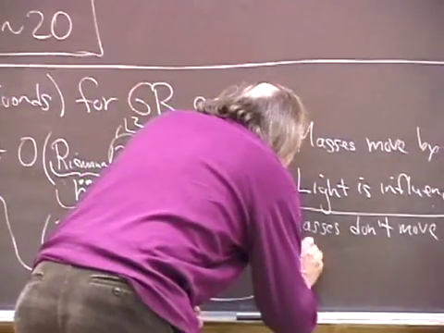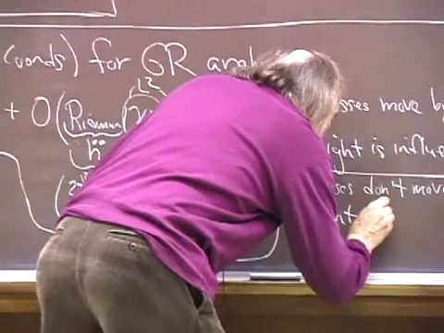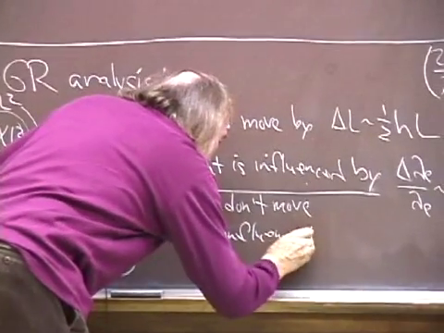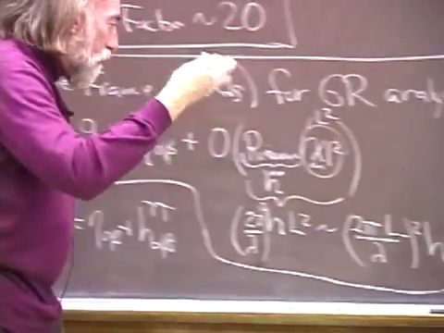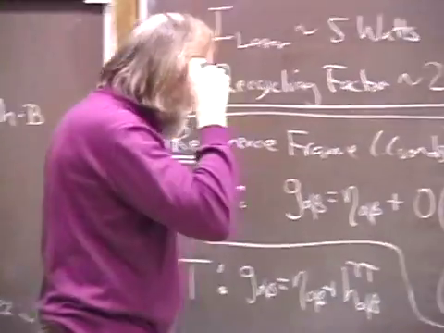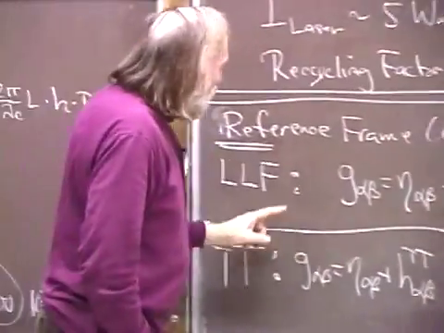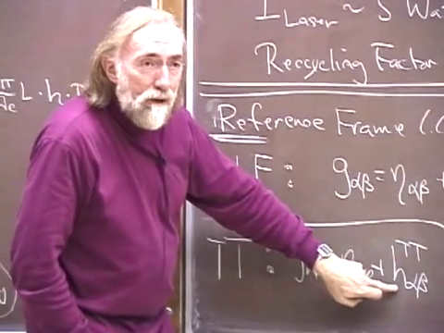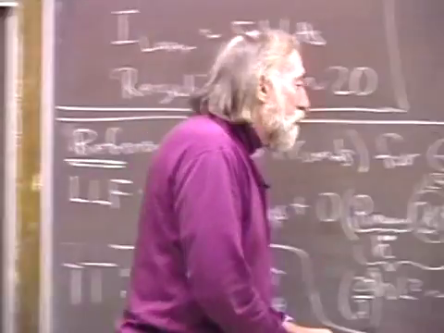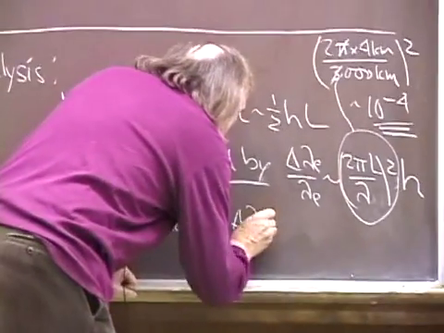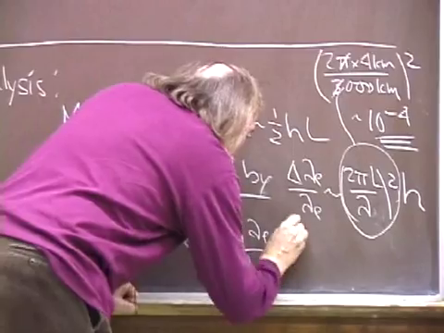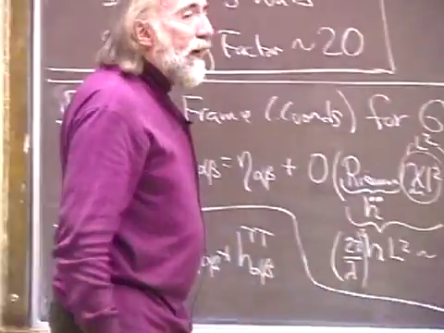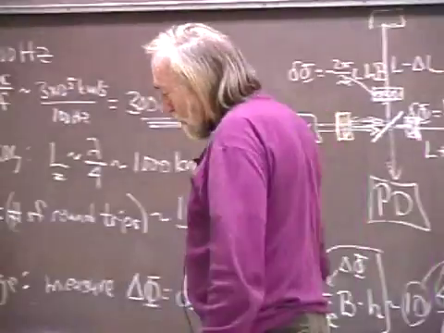However, the light is influenced, in terms of coordinate quantities, things you would do in your computations, by, again, fractional amounts that are of order the deviation of the metric from the flat metric, so of order h. So in TT gauge, it's the light that is influenced. In the local Lorentz frame, it's the test masses that are influenced.